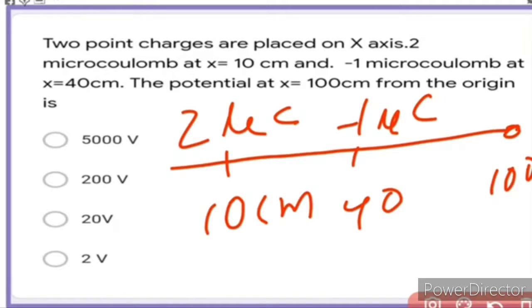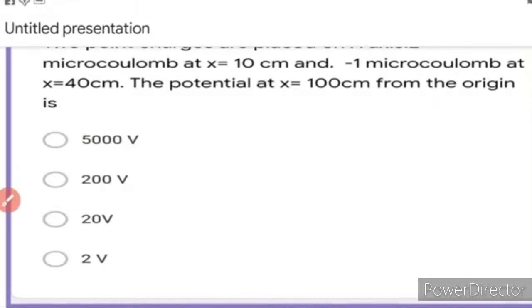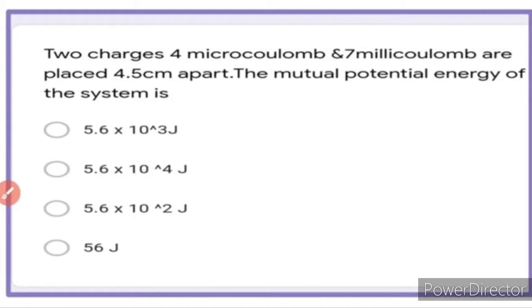Doing the calculation you will get 5 into 10 cube volt, or 5000 volt, as the correct answer. Do the calculation yourself. Then next one, 2 charges 4 microcoulomb and 7 millicoulomb are placed 4.5 centimeter apart.